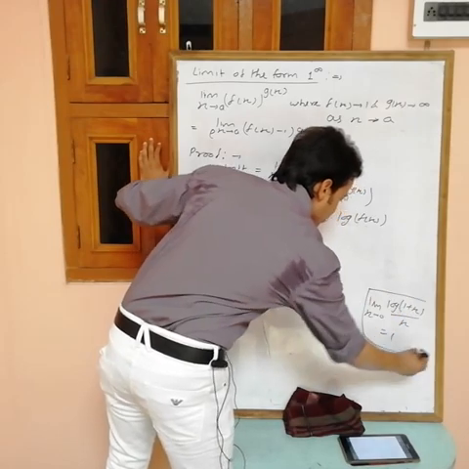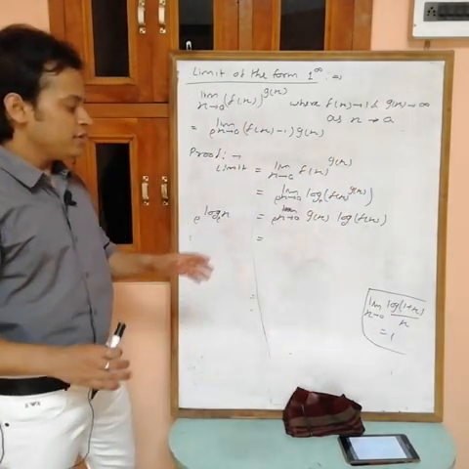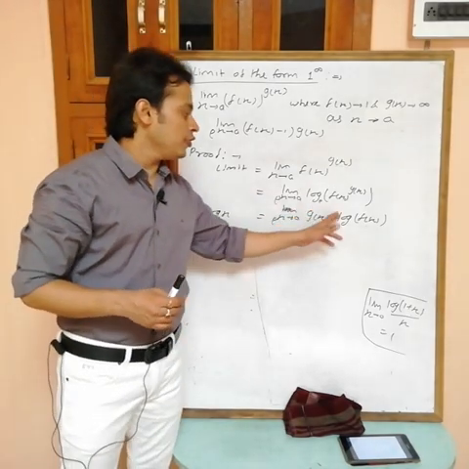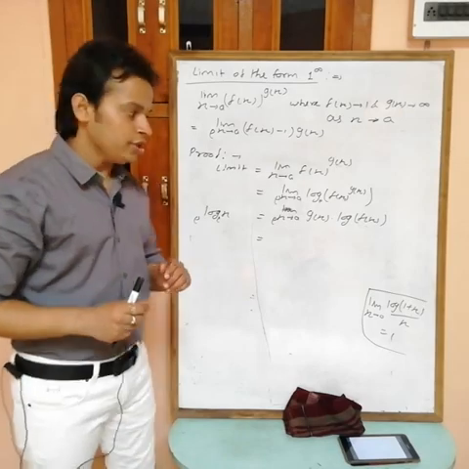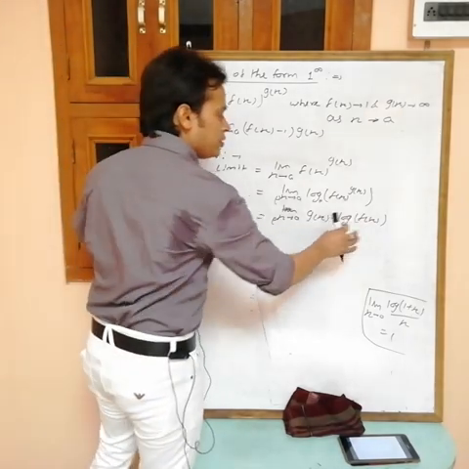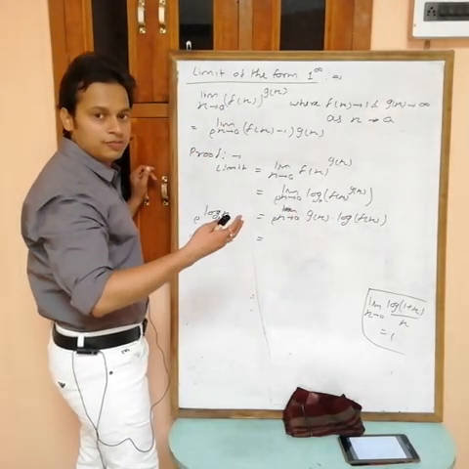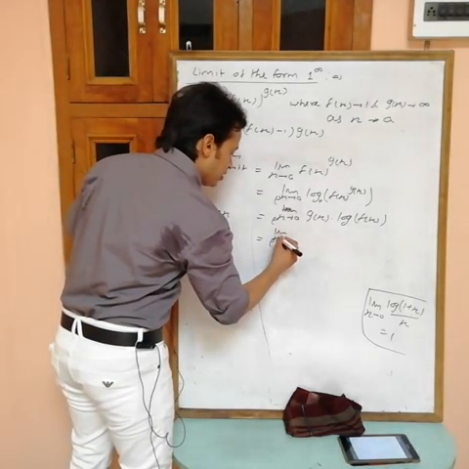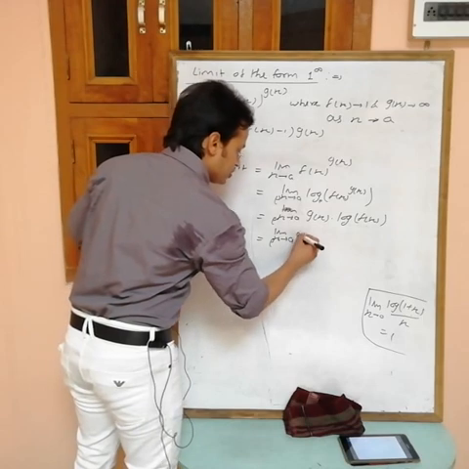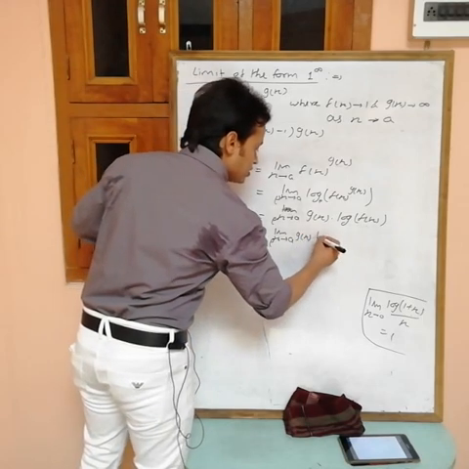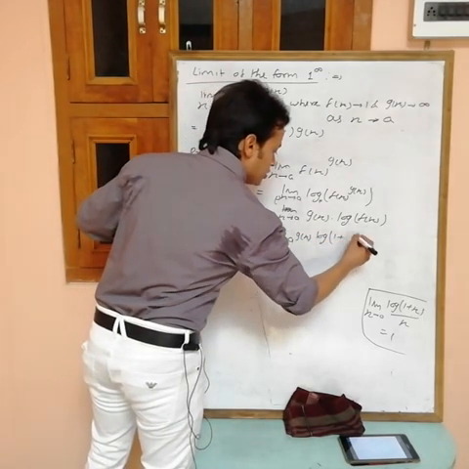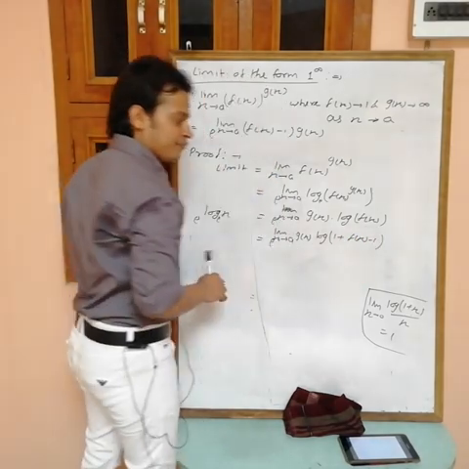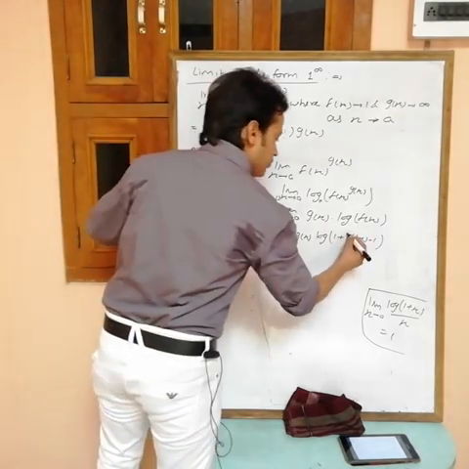This is the standard result, but it is for log (1 plus x), not for log f(x). So can you write this in terms of log of 1 plus something? You can write e power limit x tending to a of g(x) into log of (1 plus (f(x) minus 1)).